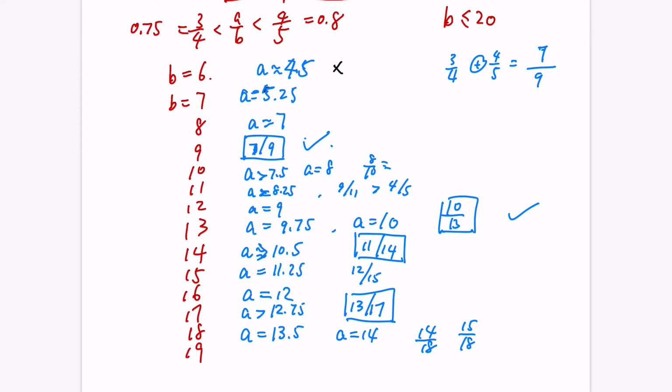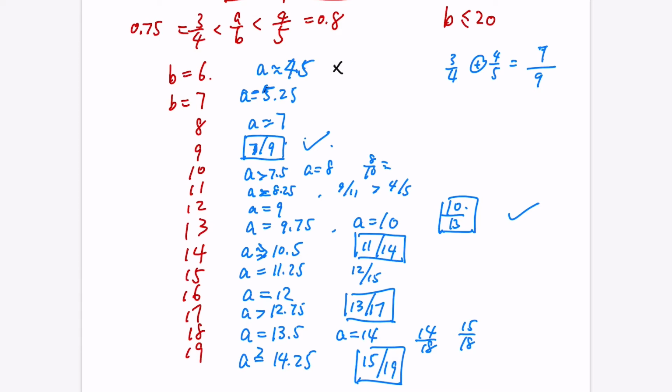So let's see 19. A is bigger than 14.25, so we can try 15 over 19. Yes, that's a good one, between 3/4 and 4/5.